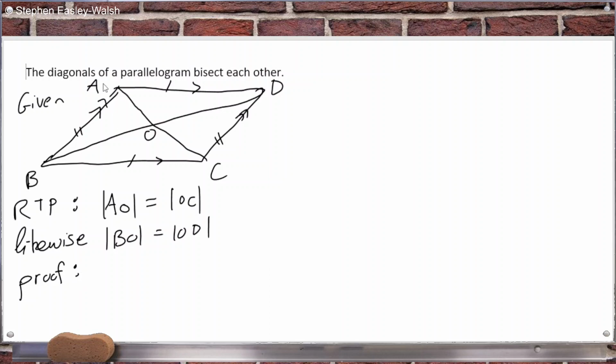Actually, I should use lowercase letters for the points rather than uppercase letters. So what I'm going to do, just to be clear, those letters represent the angles. Okay, so we'll call that angle A, that angle B, and we'll call C and D then.